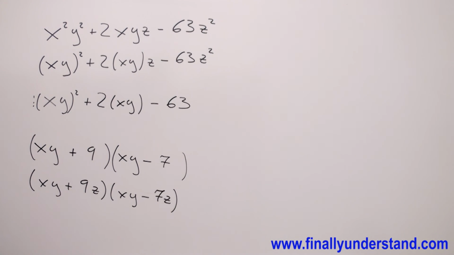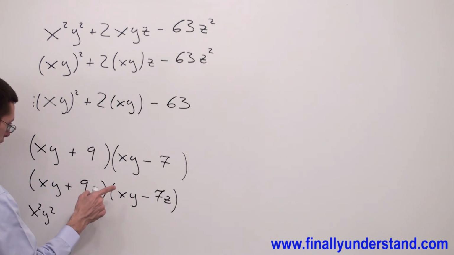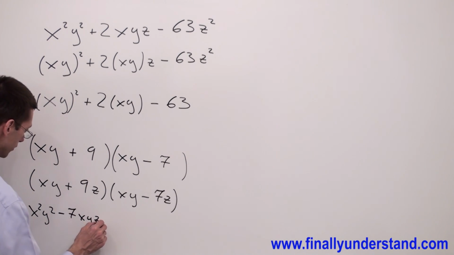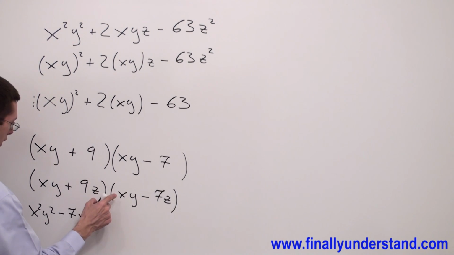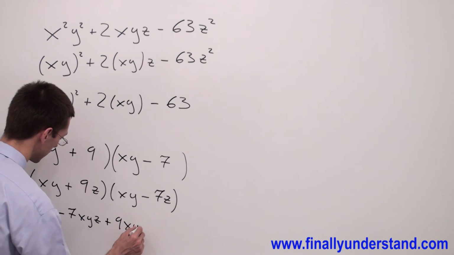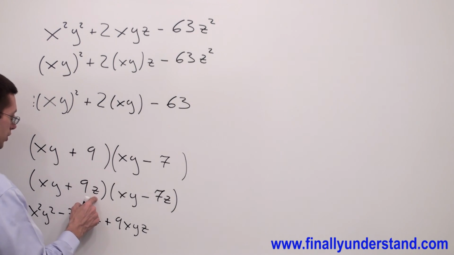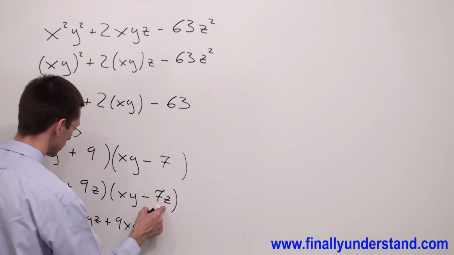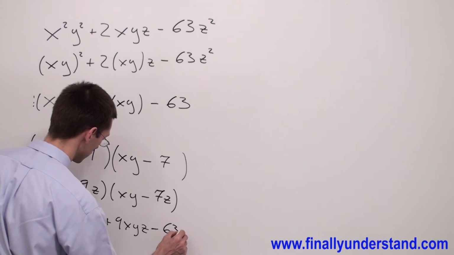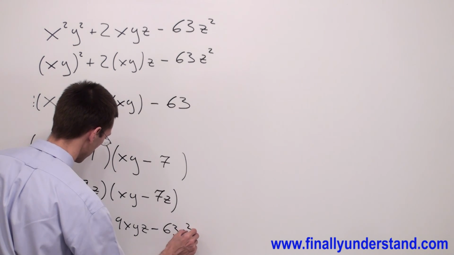Let's check if this is the right answer. xy times xy is x squared y squared. xy times negative 7z is minus 7xyz. 9z times xy is 9xyz. 9z times minus 7z is negative 63z squared.